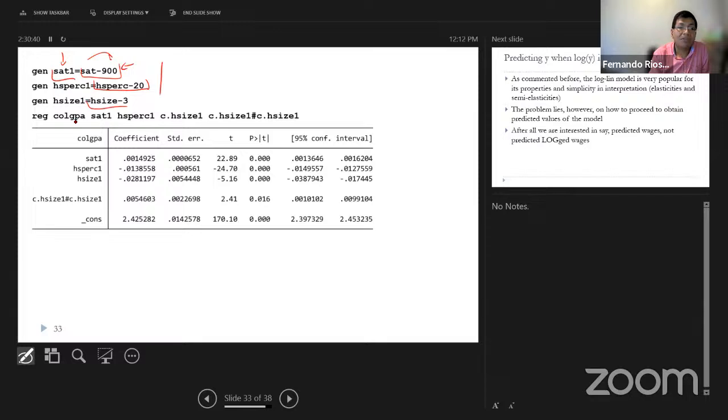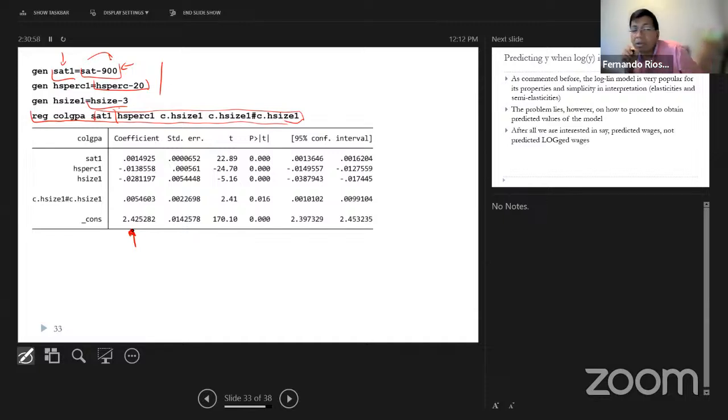So after I have all of this, I estimate my model. I don't care about these coefficients because I'm not going to interpret those coefficients. The only thing I'm interested in is what happens with the constant.